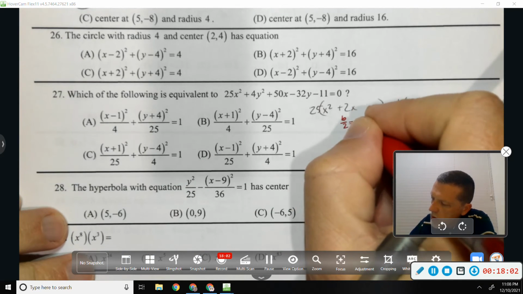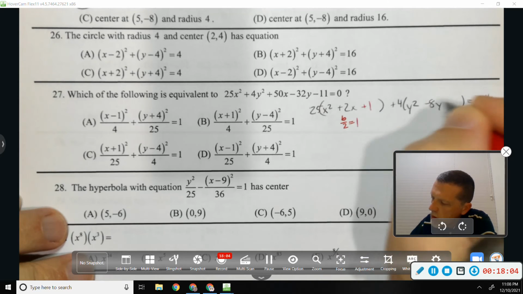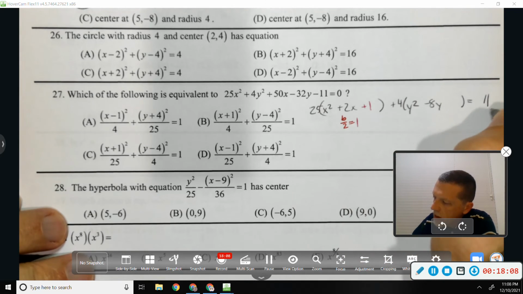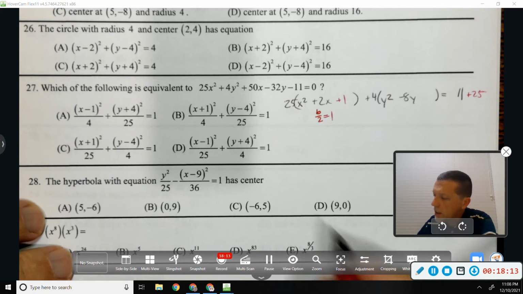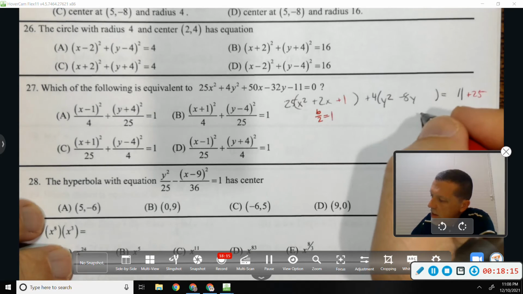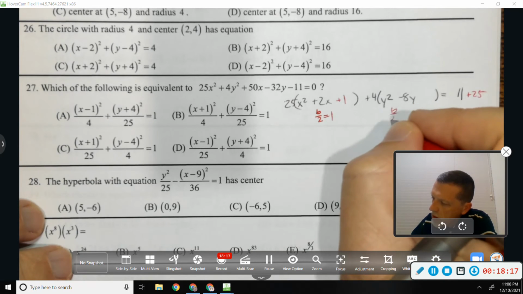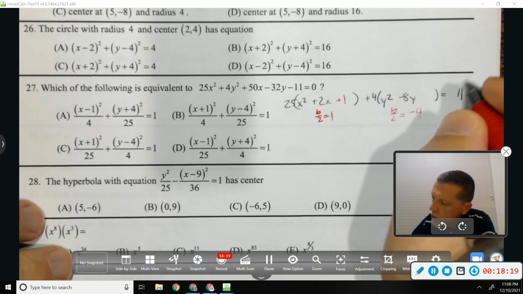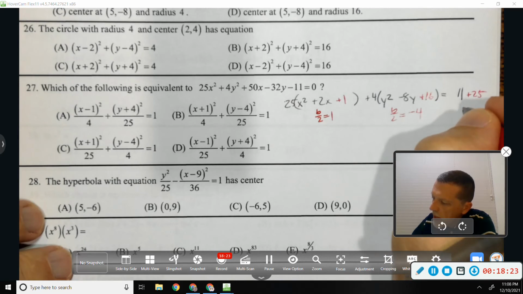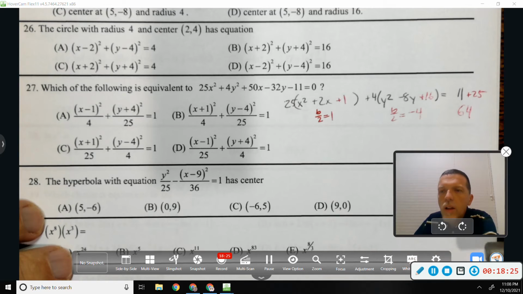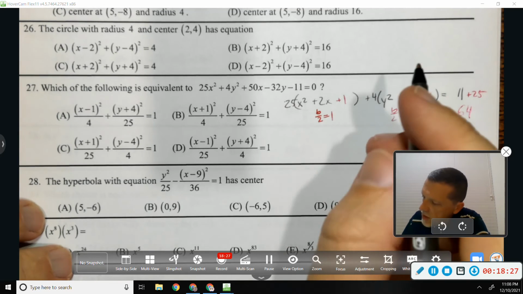Half of b is 1. 1 squared is 1. But I didn't really add 1. I added 25 to both sides because of that 25 out front. Same type thing here. Half of negative 8 is negative 4. I square it, I get 16. But that means I really added 64 to both sides.